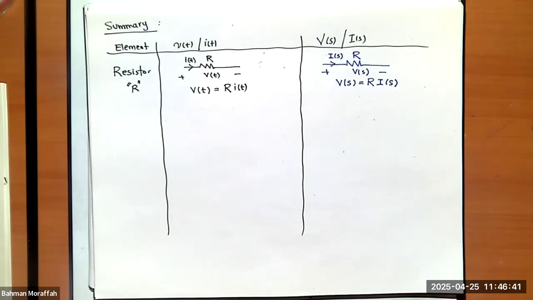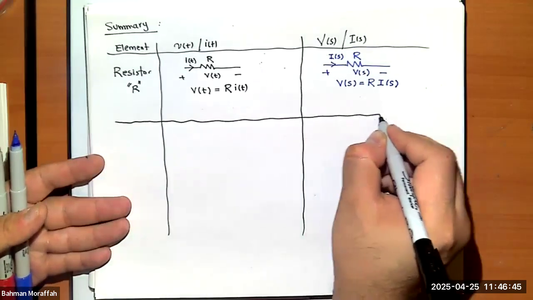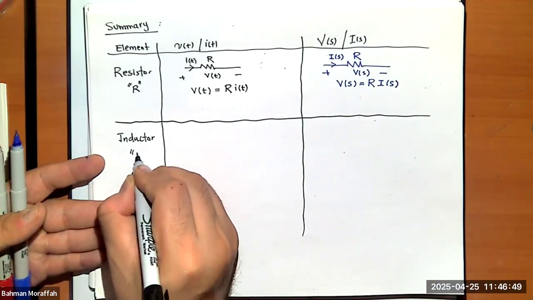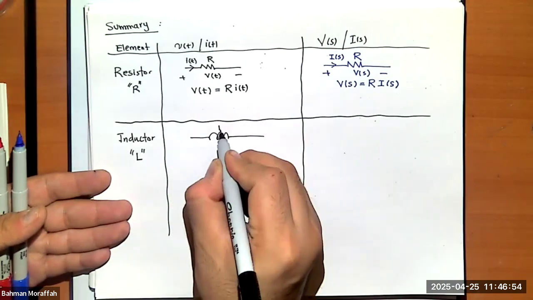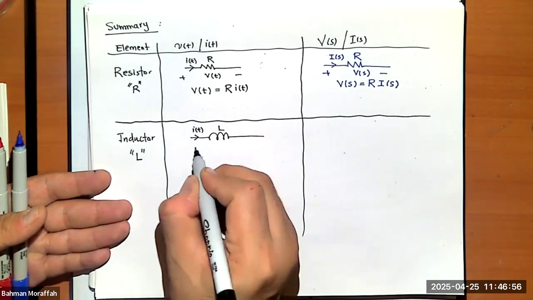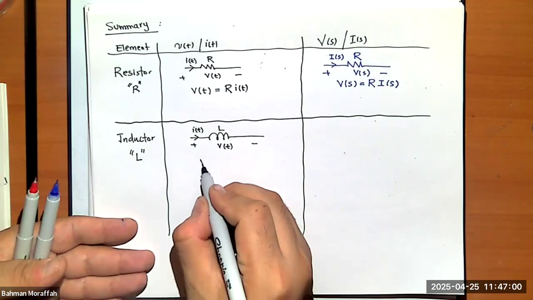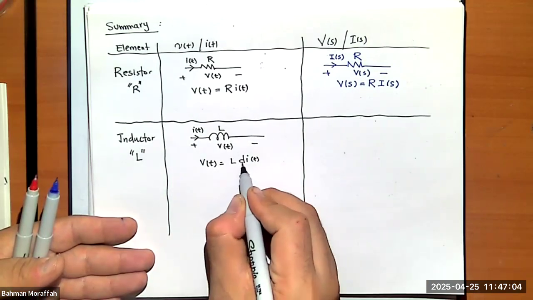Right? Let's just say we have an inductor. Let's just say the value of this inductor is L. So if I have an inductor with value L, current through it i(t), voltage across v(t), I know the VI relationship as v(t) equals L di/dt.